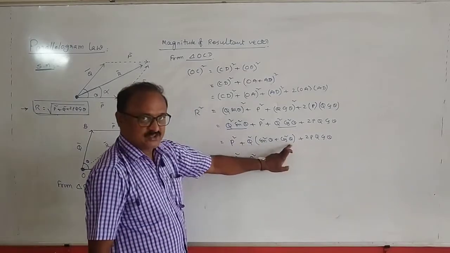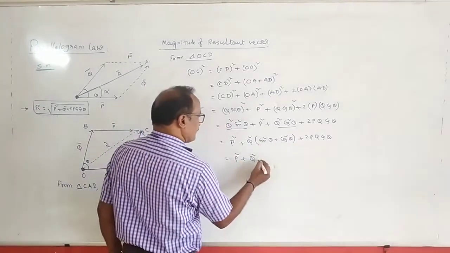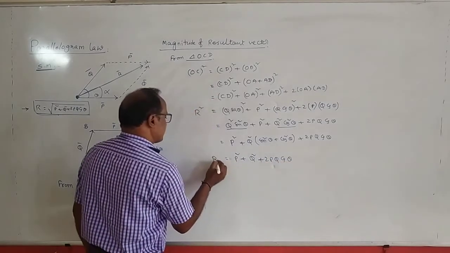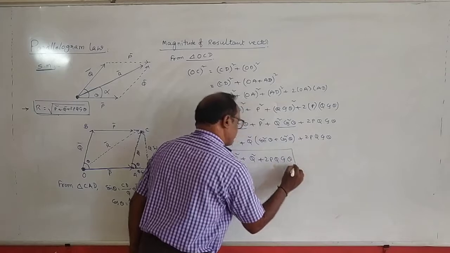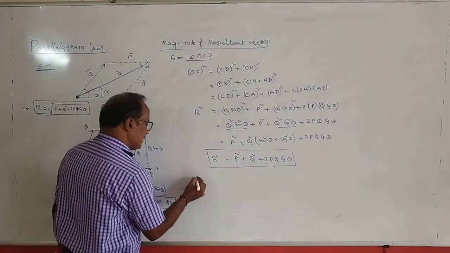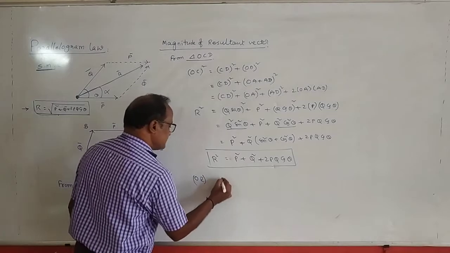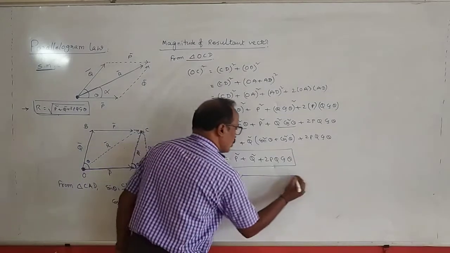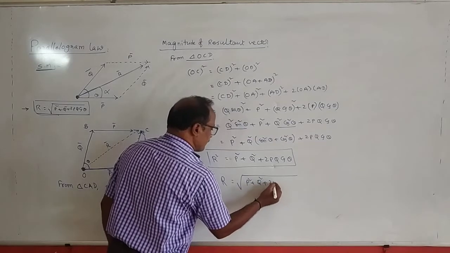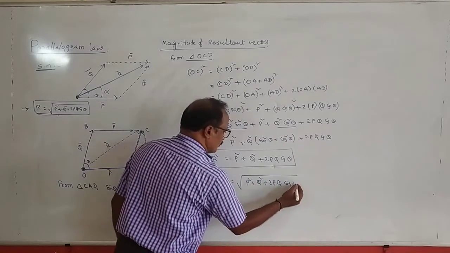Sin square theta plus cos square theta is equal to 1. So this is the formula for R square. R square is equal to P square plus Q square plus 2PQ cos theta, or R is equal to root of P square plus Q square plus 2PQ cos theta.